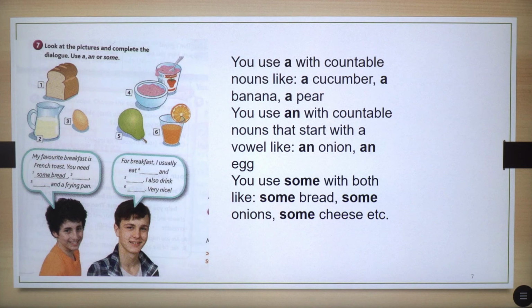You need some bread, some milk, and an egg, and a frying pan." The second boy says, "For breakfast, I usually eat fruit yogurt and a pear. I also drink some orange juice."